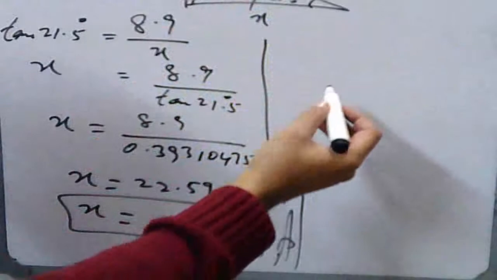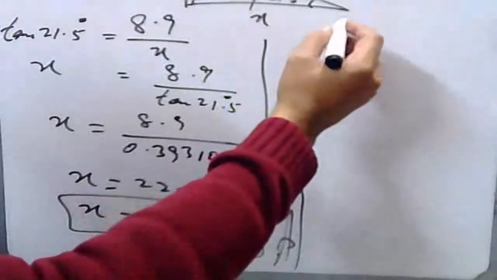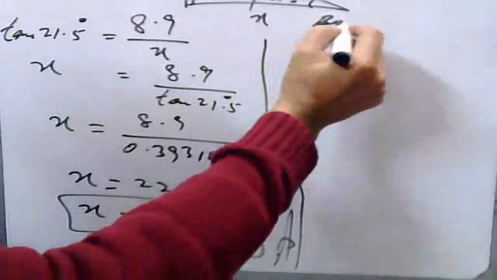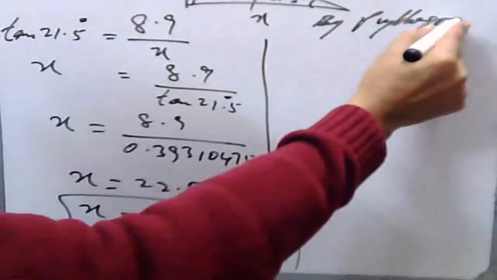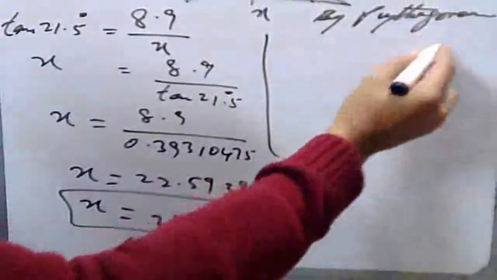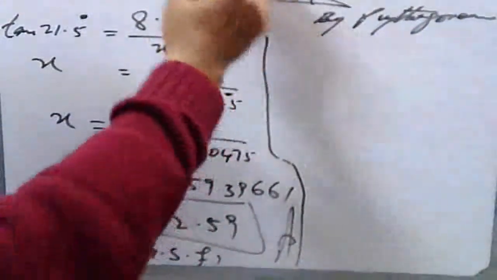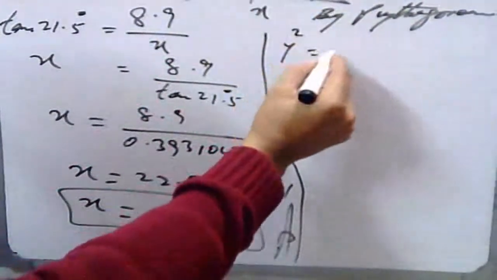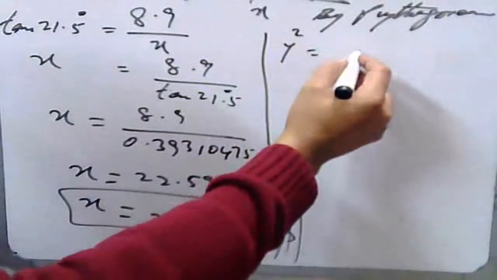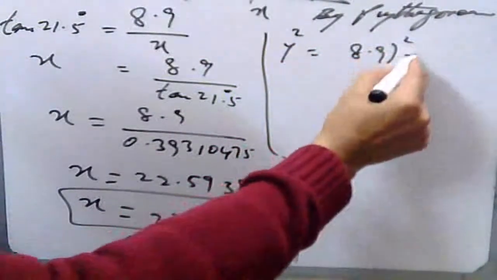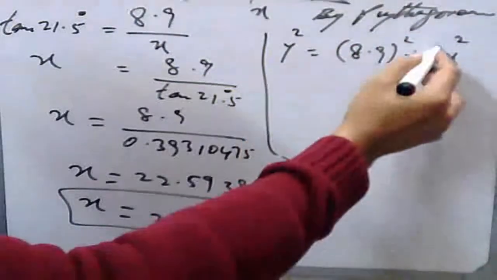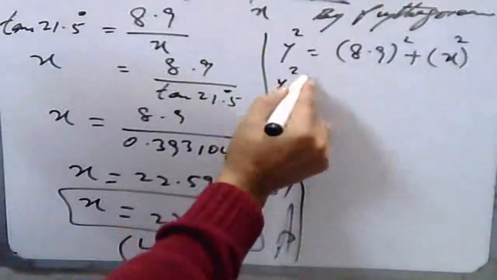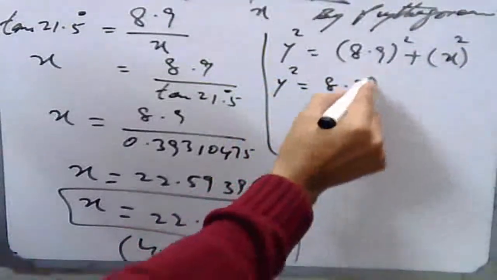But we have to find the value of another one, that is the value of y. So to find y, by Pythagorean property, we know that the hypotenuse square is equal to perpendicular square plus base square.